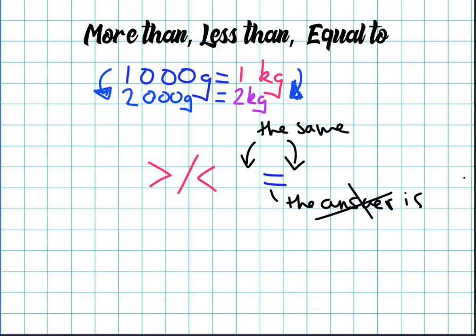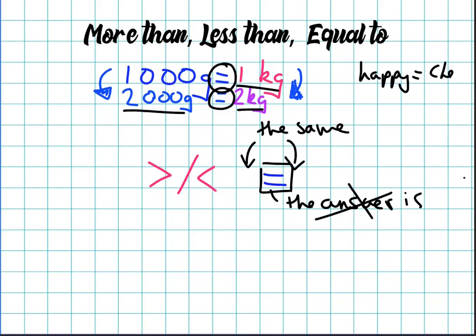So really, we should read that as 1,000 grams is the same as 1 kilogram. 2 kilograms is the same as 2,000 grams. The two things are equal, they are the same. So that's why you'll often see me using it with words as well. You could say that happy is equal to, is the same as cheerful. Often forgotten, good to remember.